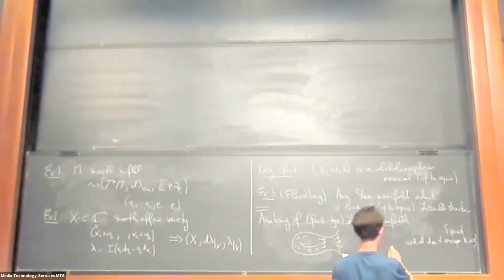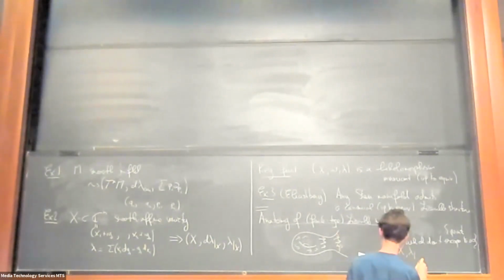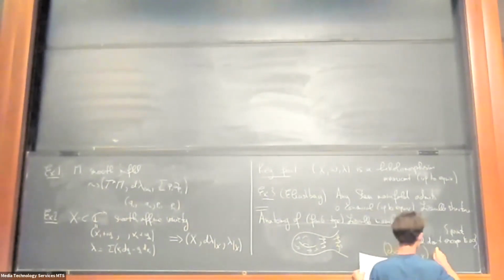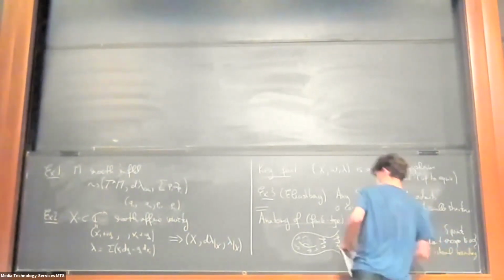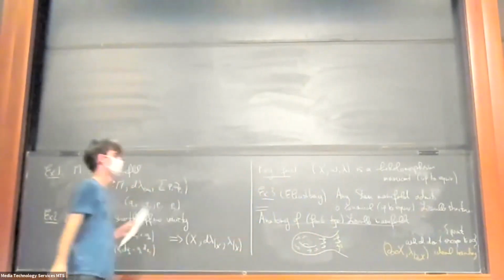This is usually written as follows, and you can in fact restrict the Liouville form to this canonical set, and you obtain something which is called a contact manifold, which is the main object of study in the area of contact geometry.